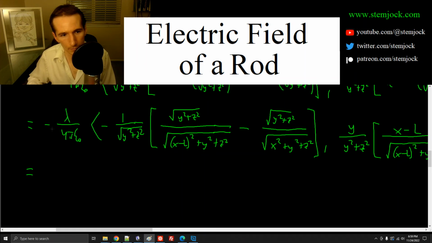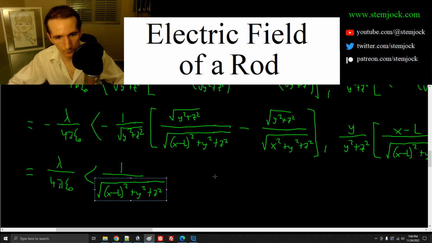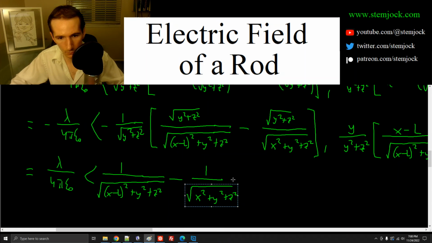If I distribute both the minus sign, this is going to be lambda over 4 pi epsilon 0, and now this is going to be 1 over all of this here, and now minus 1 over all of this.